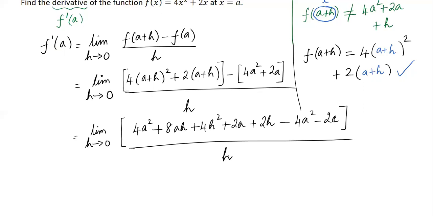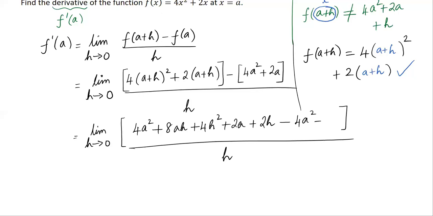Because if you didn't do that, then when you apply the limit and h has to take the value 0, you will have an undefined condition. So this is an assured method where your terms without h will get cancelled off, and from the remaining terms you can pull out an h.